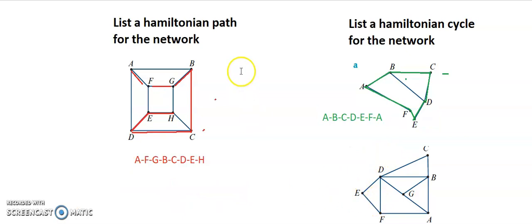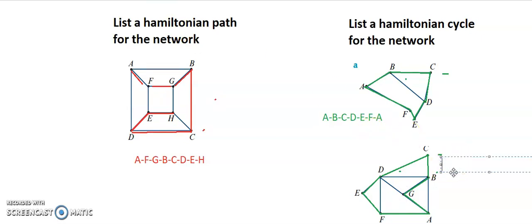Now, exactly the same thing is occurring on my next network. Same thing in a sense that I need to think about how am I going to go to every single one and end back at the start. So I'm going to start at A to F, then go F to E, E to D, D to C, C to B, B to G, and G back to A. And there is our cycle.